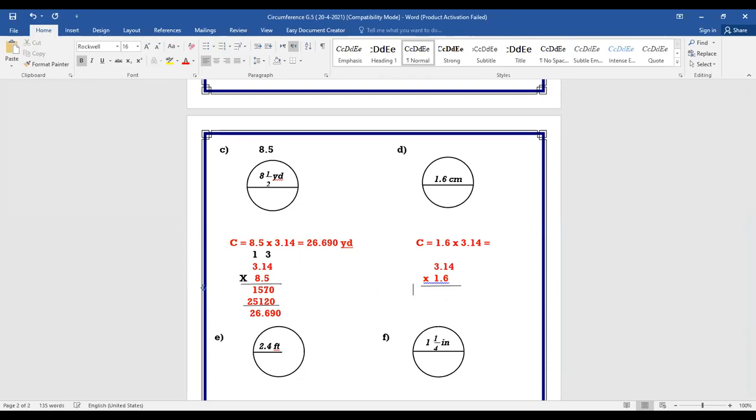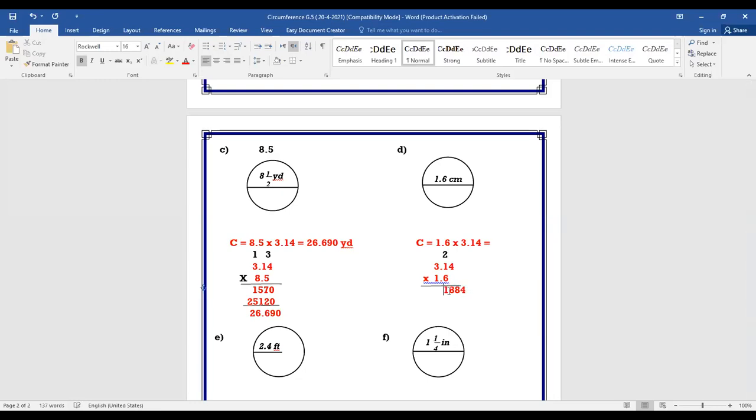Okay, Yasin, start with 6 multiplied by 4. 24. 4 and carry up 2 over 1. And then 6 multiplied by 1 equals 6. 6 plus 2 equals 8, then 6 multiplied by 3 equals 18.